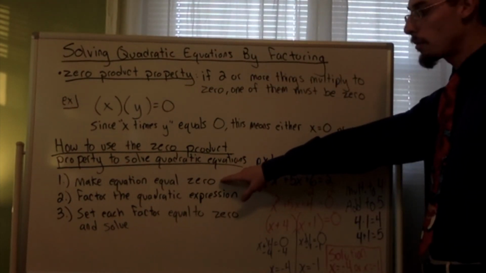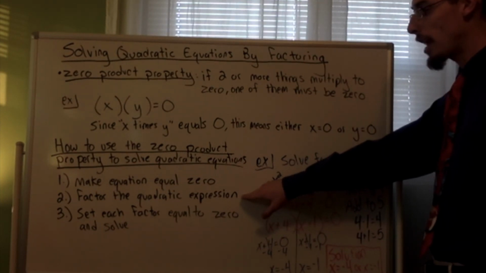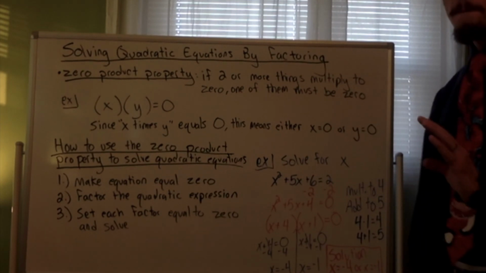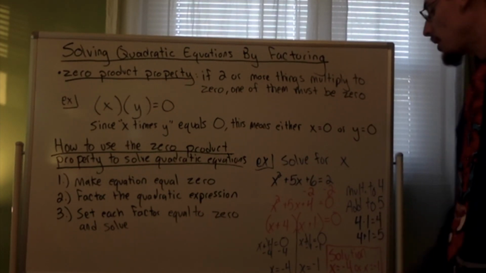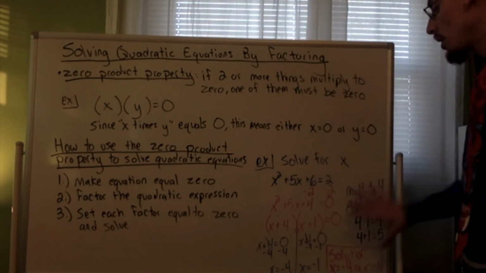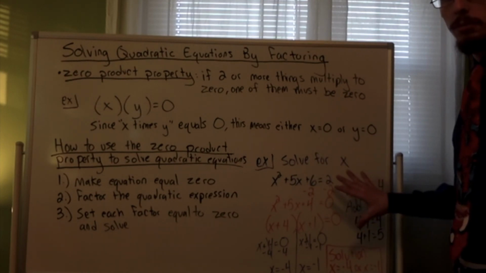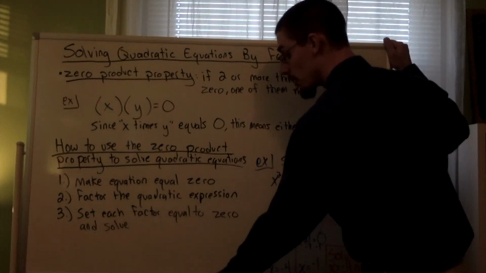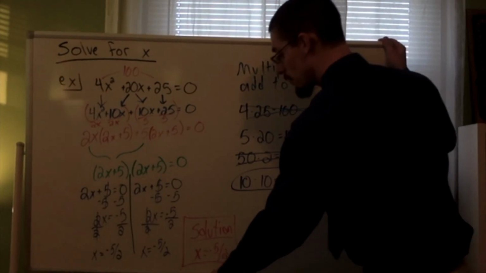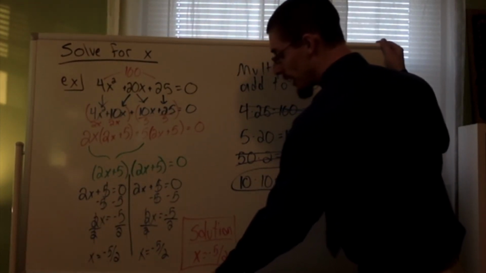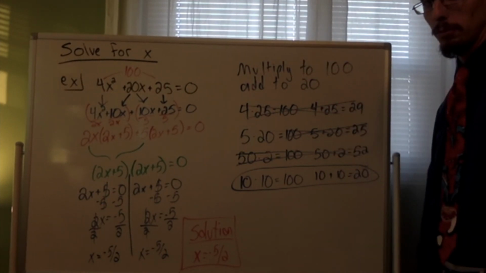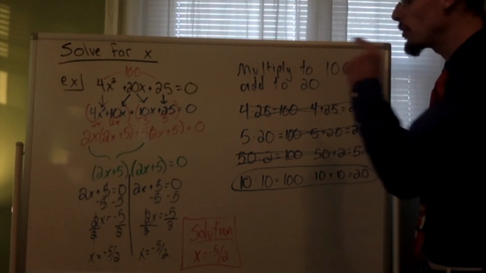Make it equal 0, factor the quadratic expression, set each one equal to 0. Most of the problems you get will be similar to this one, right? The example that I was just going over, this one. There'll be a few problems like this, but this right here is the most difficult problem, right? The highest level of difficulty is right here.